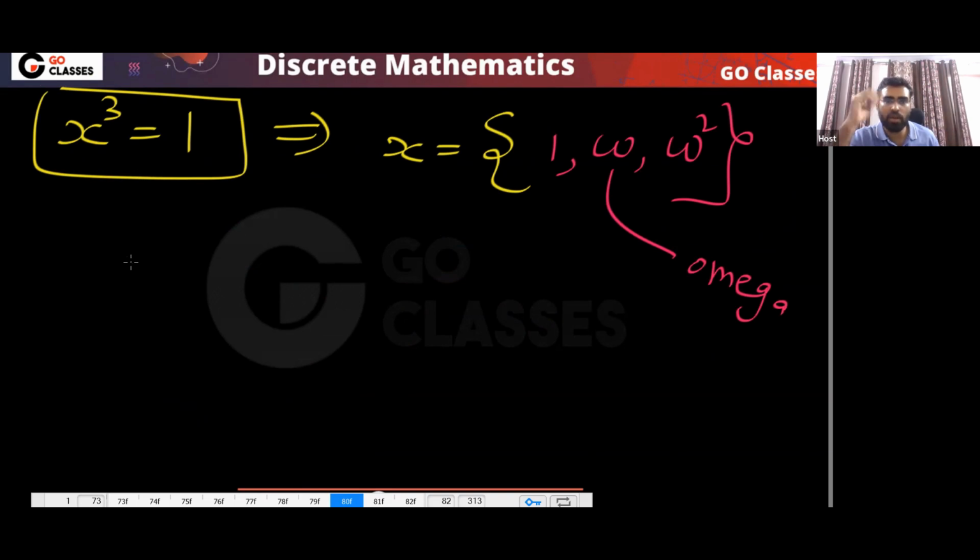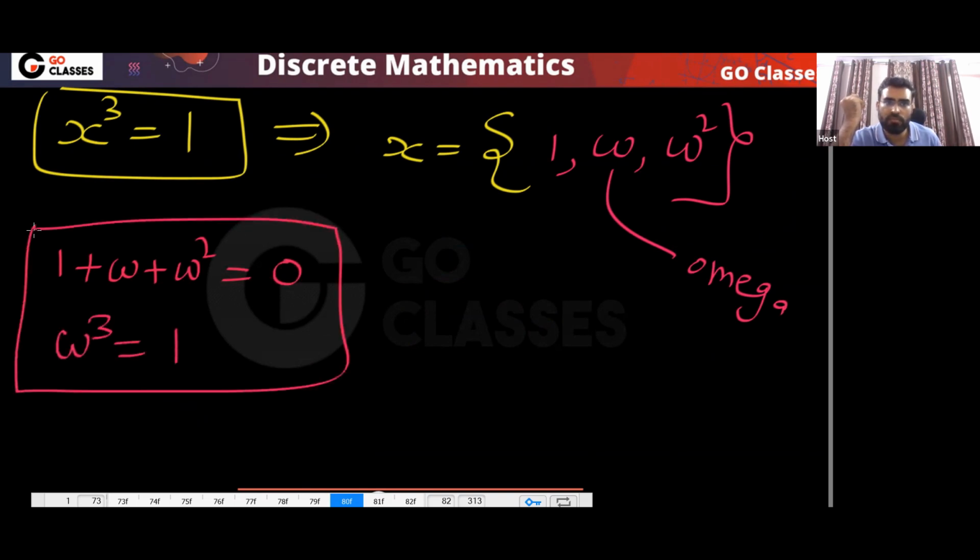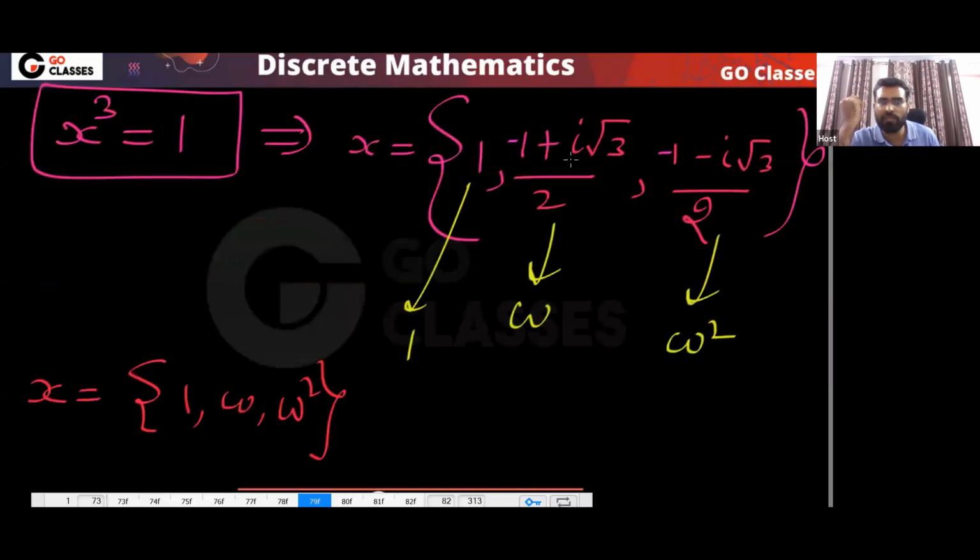Now let me tell you, there are some properties we have. One property is 1 plus omega plus omega square is equal to 0. Another property is omega cube is equal to 1. Can anyone tell me from where this property will come? Just add all of them: 1, omega, omega square.